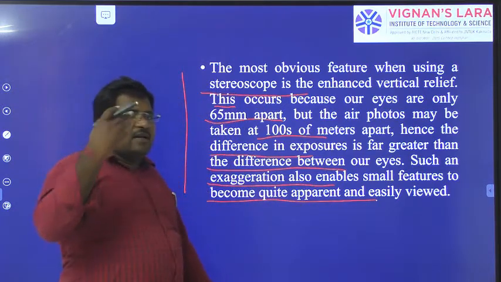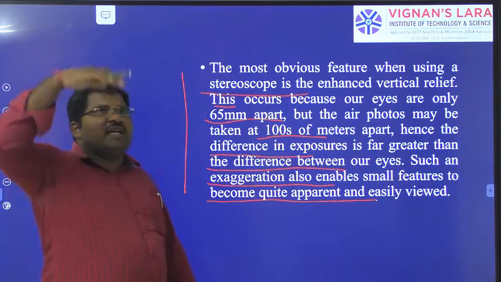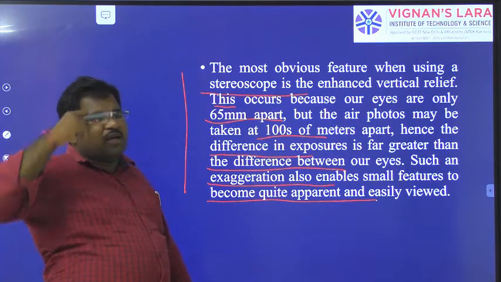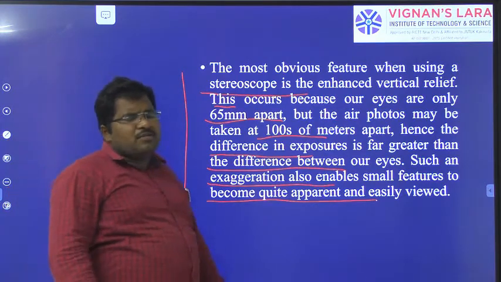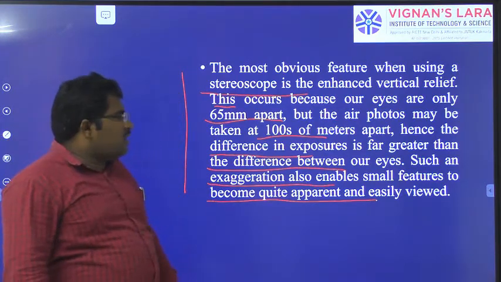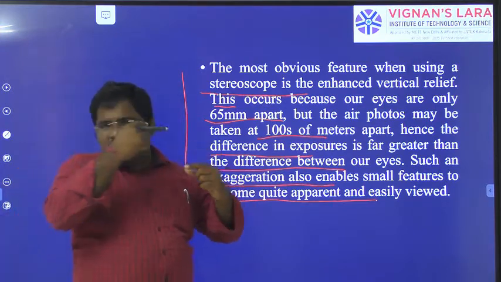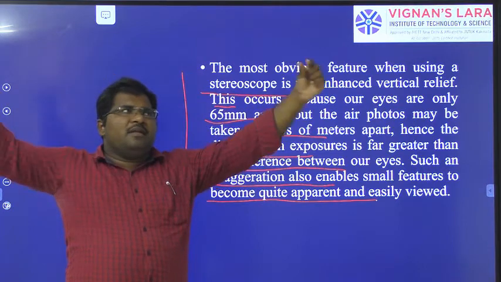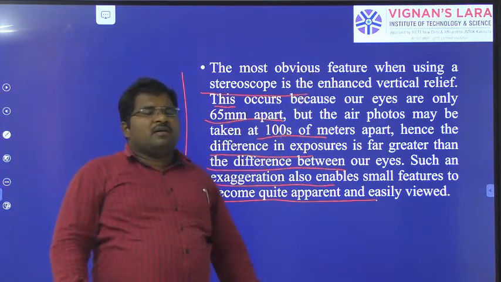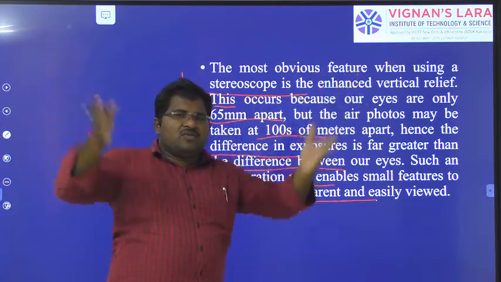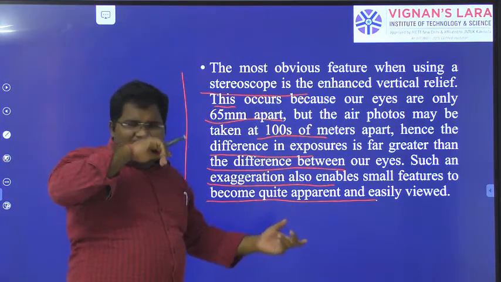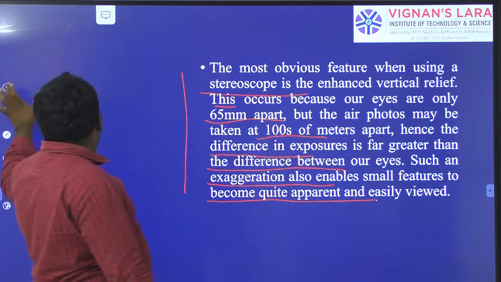If you are at the same height on the flight, you can't see the object on the earth, since your eyes are only 65 mm apart. If two photos are taken with a 200 meters separation, then we can see the images on the earth very clearly. That's what it is saying here.